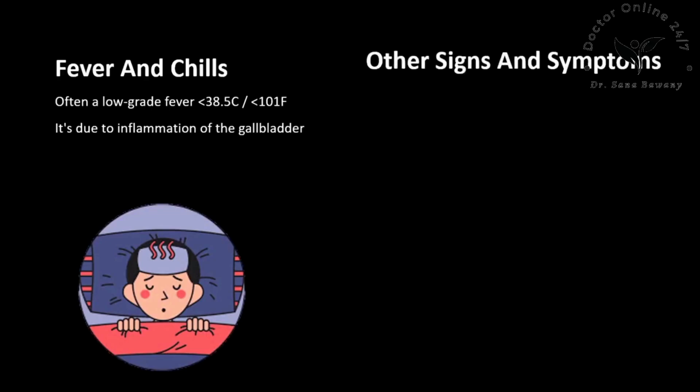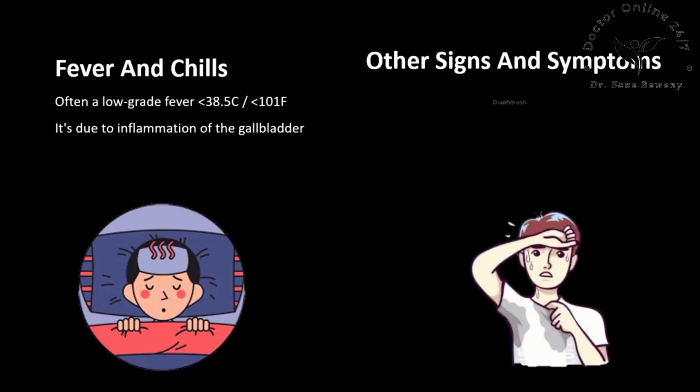And there's some other signs and symptoms that can occur. These include diaphoresis, so sweating, and tachycardia or a high heart rate. So these signs and symptoms can occur with that pain, so you can imagine that if you have a lot of pain, your heart's going to race a bit more, and then also that fever and chills can lead to some of these signs and symptoms as well.